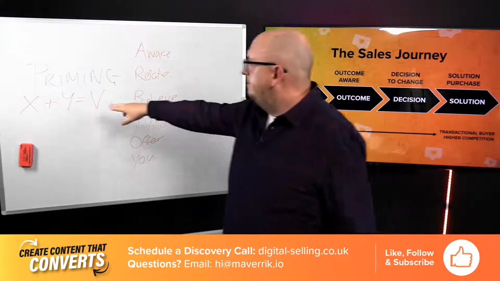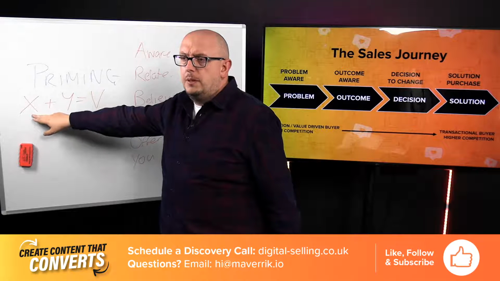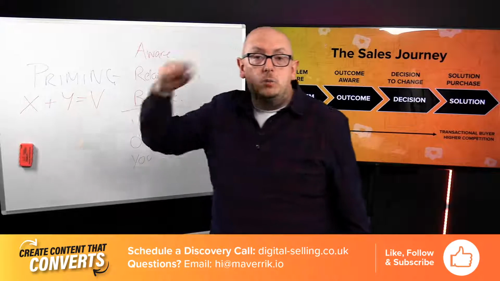Can you see this okay? X is the destination that people want to get to, the outcome, the result that they want to achieve. Y is where they are right now, the challenges they have in their business right now. So quick tip, go and do a big brain dump of all the big benefits you can deliver for a customer as a result of them buying your service.